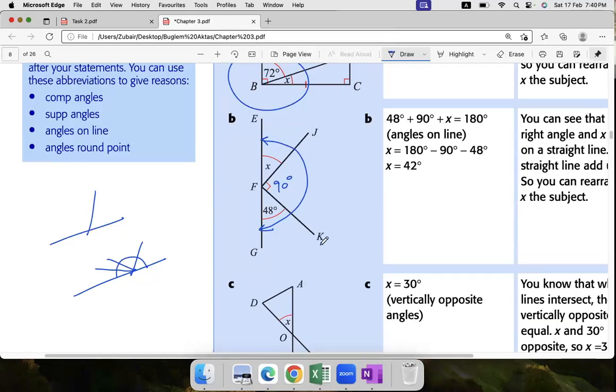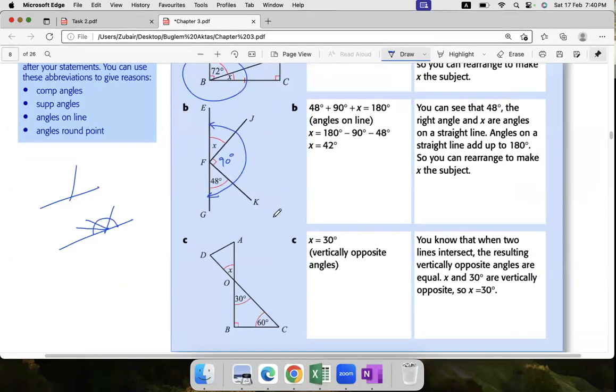So whenever there's a 90 degree involved, it's like an adjacent. The count of angles never matters, whether two or three or five, that makes no difference. By definition, they are next to each other and on a straight line, so we can add them up to 180.